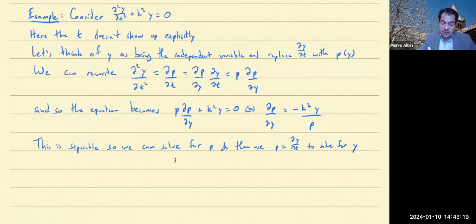What is guaranteed is that if you have a second order differential equation and the t doesn't show up explicitly, then you can change your point of view, think of y as being the independent variable, make this change, and you will end up with a first order differential equation, which hopefully you can solve, and then use this relation to solve for y.